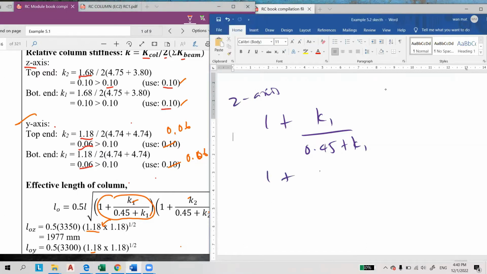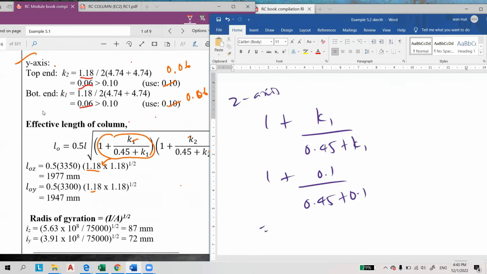So 1 plus 0.1 divided by 0.45 plus 0.1. Can you get the answer? Similar answer? Yes, okay, good. So 0.1 divided by 0.55, and then plus 1, 1.18. This one is for the Z axis, so the answer is right.